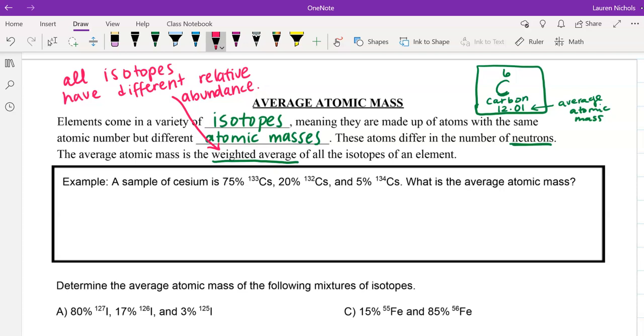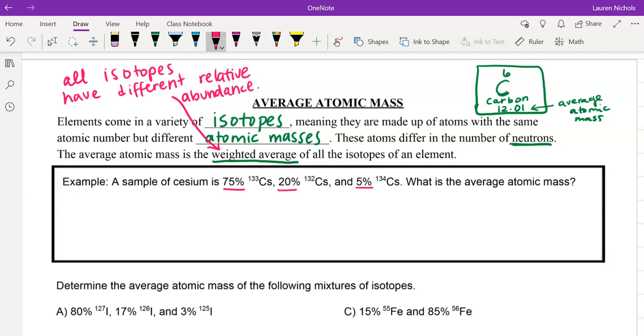If we look at this example in this box here, it says a sample of cesium is 75% cesium-133, 20% cesium-132, and 5% cesium-134. So this means that not all of them are exactly equal.